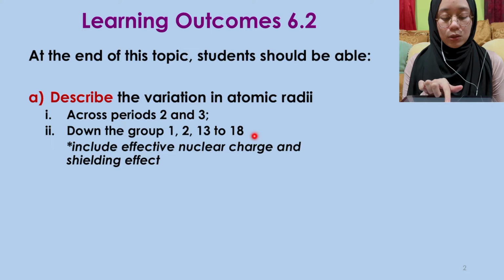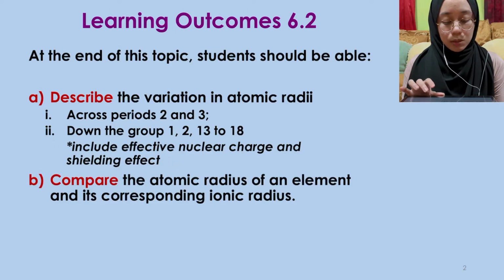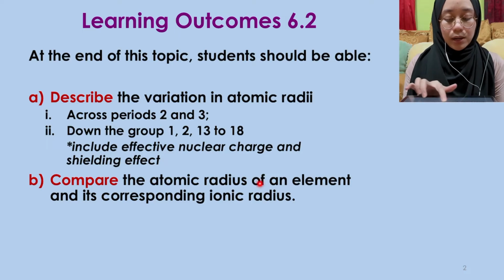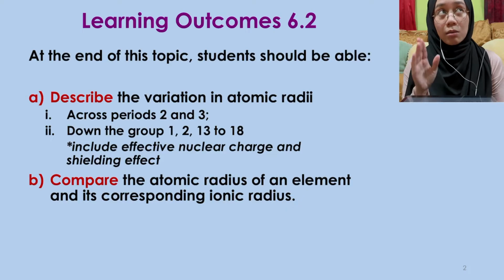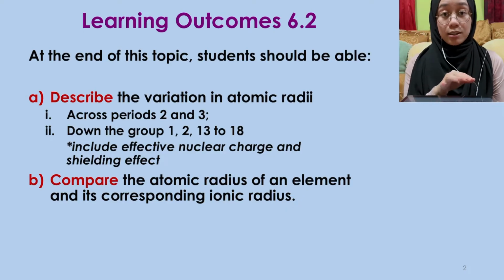You will be learning something new here, which is effective nuclear charge and also shielding effect. The next one, you should be able to compare the atomic radius of an element to its corresponding ionic radius. Meaning you will compare the atom to its ion.